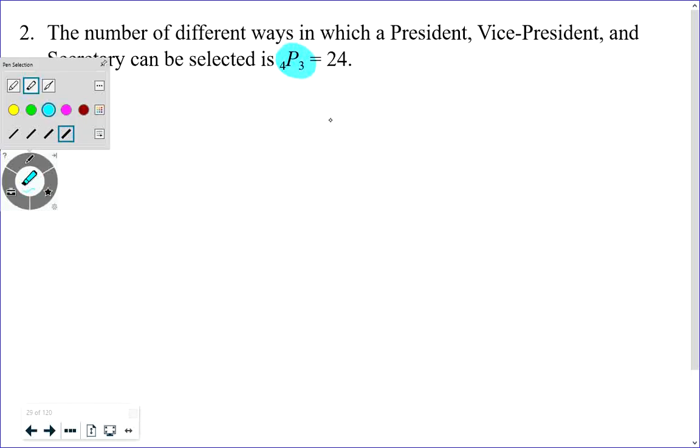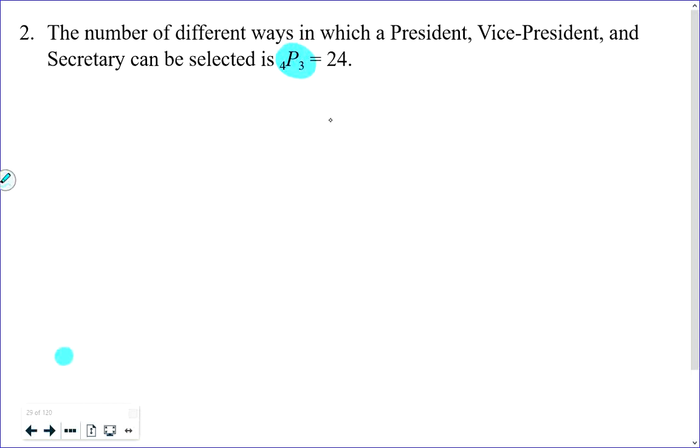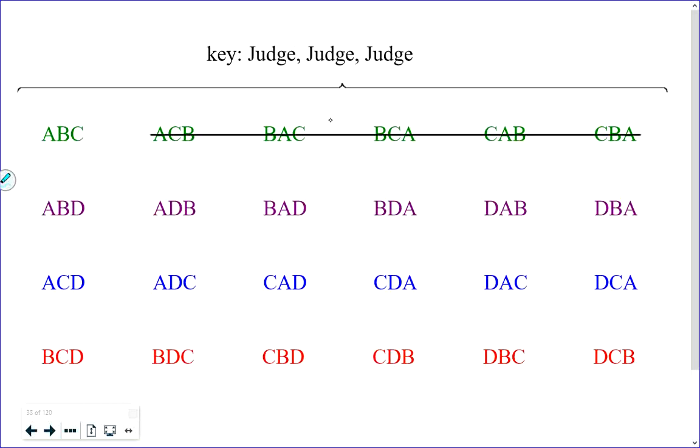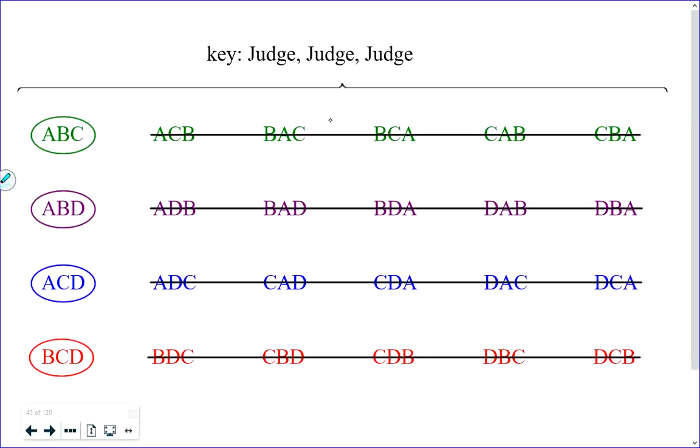When we take a look at this, where we get 4, we write that as 4c3. It's the number of combinations of 3 items out of a group of 4. So 4p3 is 24, but 4c3 is only 4.